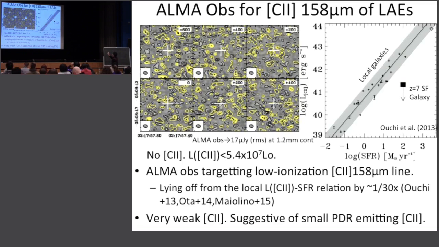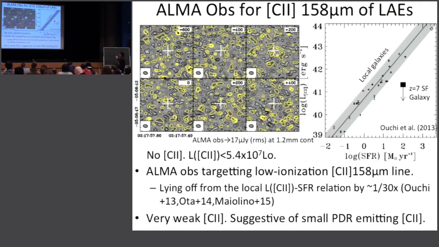You may worry that the ALMA observations may not be sensitive enough to identify carbon-2. But look at this diagram, which shows the carbon-2 luminosity as a function of the star formation rate. For local galaxies, there's a tight correlation between these two quantities because star forming activities make the ionized carbon, or C+. Once you get a stronger star formation rate, you get stronger carbon-2.